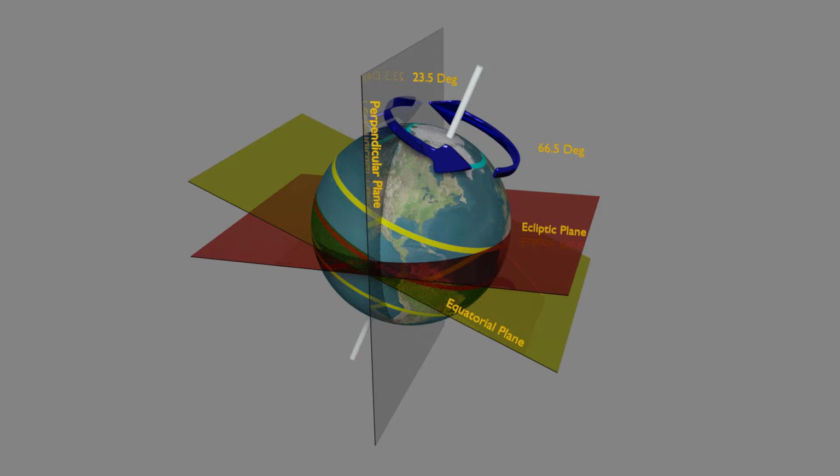The rotation of the Earth on its axis, looking down on the North Pole, is counterclockwise, or we would also say it's an eastward rotation.